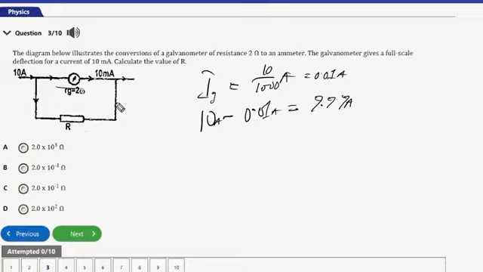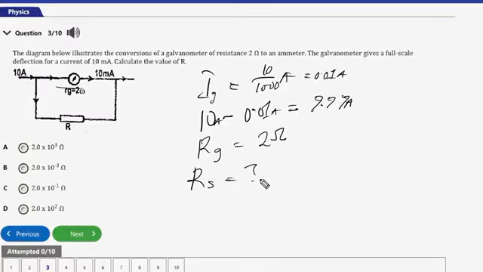Again, the resistance of the galvanometer is given as 2 ohms, so let's write this as RG, 2 ohms. Then we have to find the resistance across here, which we're going to call RS.